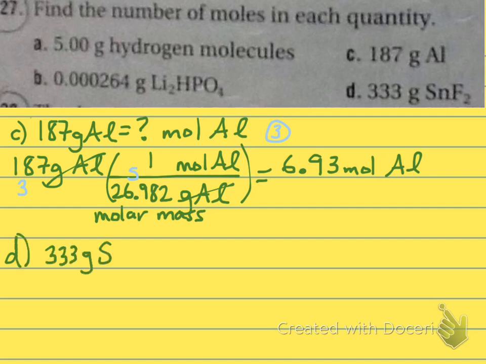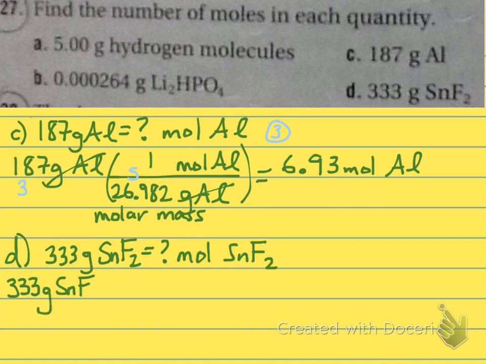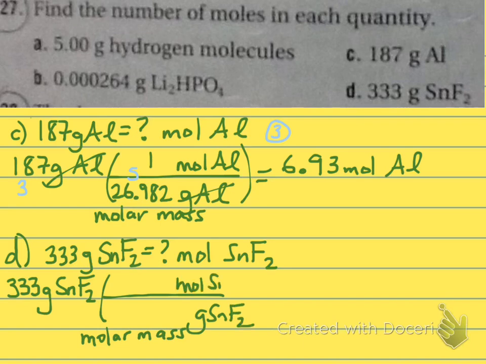333 grams of tin 2 fluoride is how many moles of tin 2 fluoride? So again, I start with my given 333 grams of tin 2 fluoride. I'm going to use molar mass to convert grams of tin 2 fluoride to moles of tin 2 fluoride. Easy numbers, 1 in front of moles.